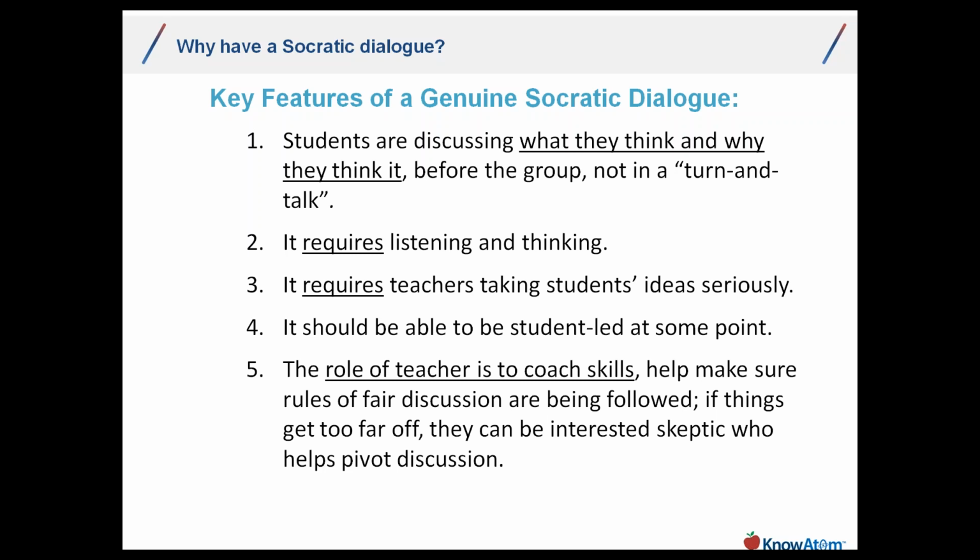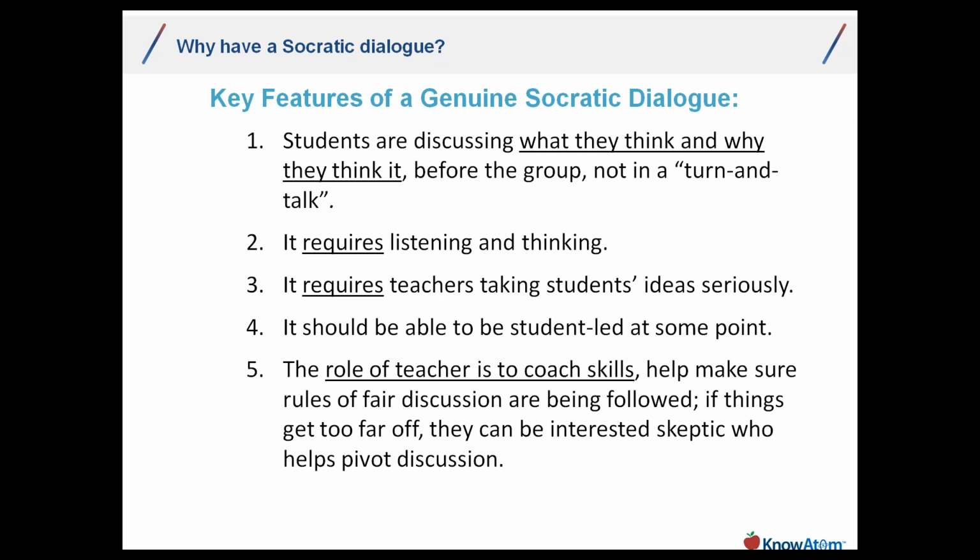The other thing is it's not only listening to what's actually being said, it's thinking about what's said and then forming a question related to what you think the person meant, or if you feel like you understand what they meant, maybe something to clarify, something to add on to it, maybe a piece of evidence that appears to disprove the claim that they're making or is contrary. That's absolutely a requirement, listening and thinking.